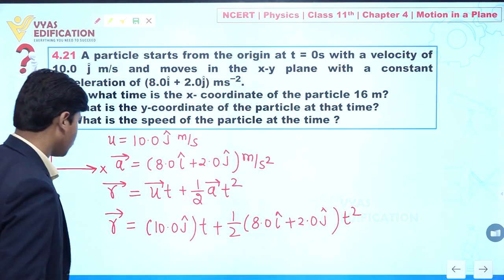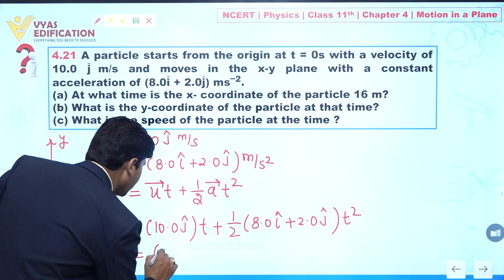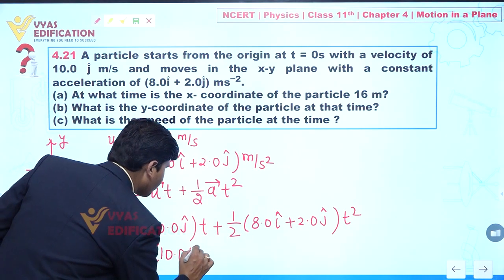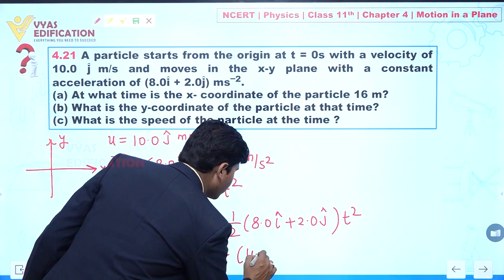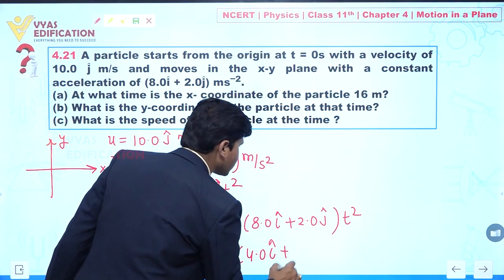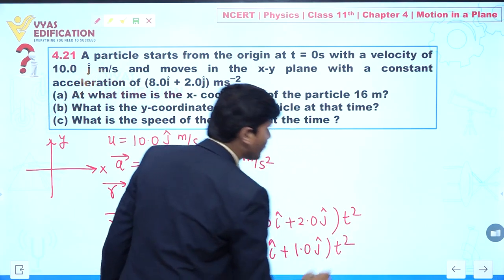So r vector is 10.0 t j plus (4.0 i plus 1.0 j) t square.